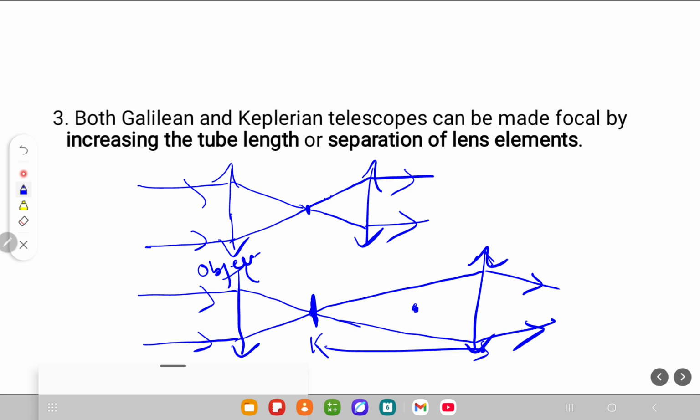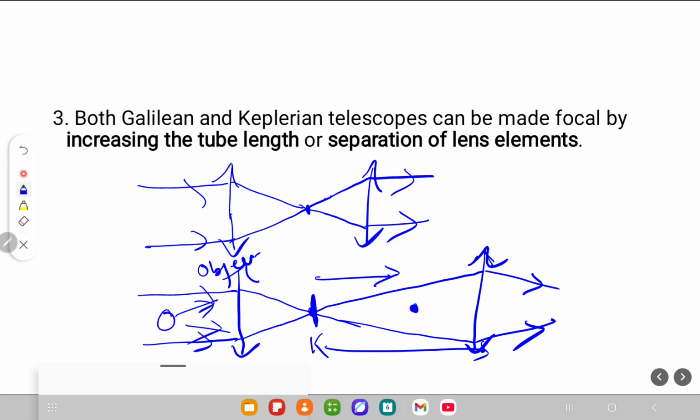Yes. Now just think. If you have to push this point towards here, what is the option? You must send diverging light. For diverging light, you have two options: either you put a minus lens or you focus on a near object.